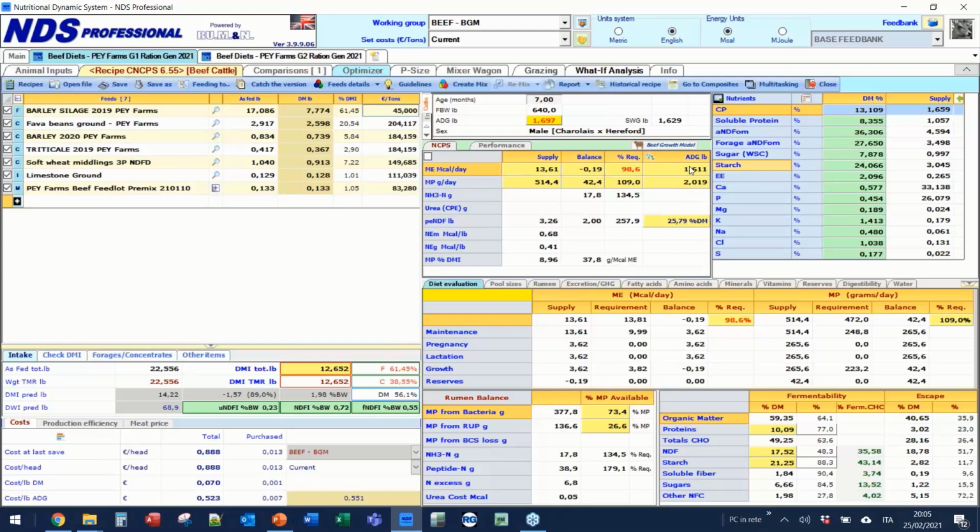Not always this is possible, because it greatly depends on several inputs, starting from the dry matter intake, but the objective is to always check the calibration of the model.